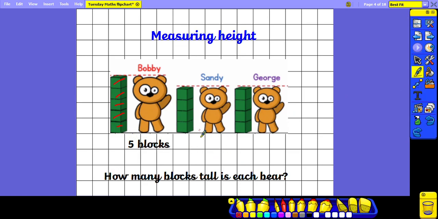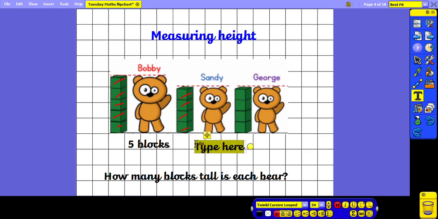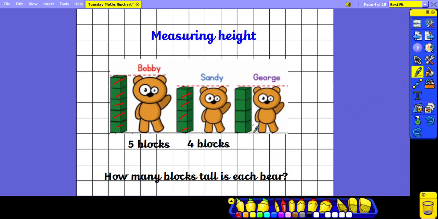Sandy is 1, 2, 3, 4 blocks tall. And George is 1, 2, 3, 4 blocks as well.